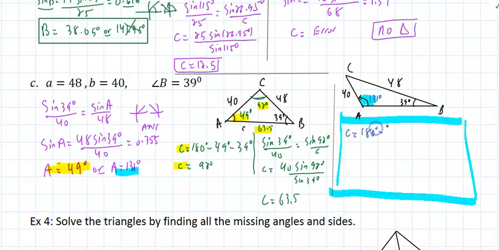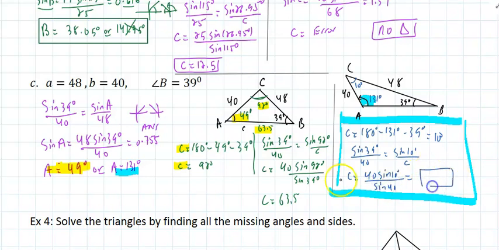That's 180 minus 131 minus 39. And I could say C is 10 degrees. Okay, that's doable. And I could say the sine of 39 degrees to 40 equals the sine of 10 degrees to side C. And C would equal 40 times the sine of 10 degrees divided by the sine of 39 degrees.